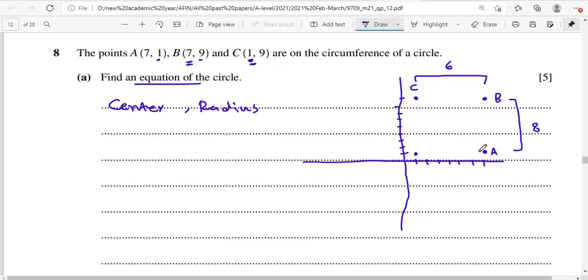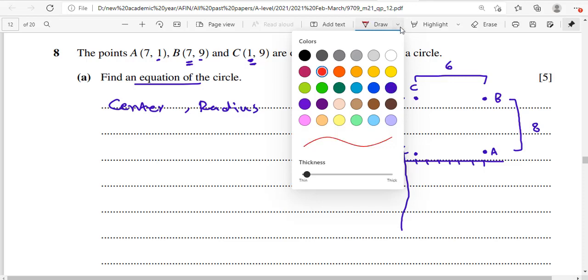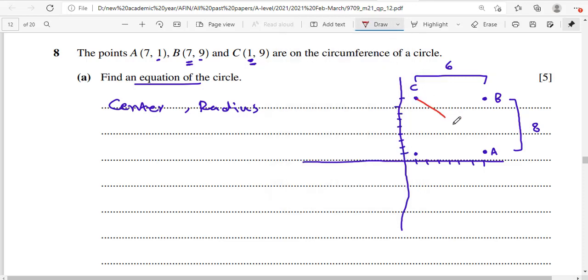Since the shape is a rectangle, the diagonals of the rectangle cross in the middle. This middle is the midpoint of A and C. We can use the rule of midpoint. You can find it in MF19, or if you can memorize.